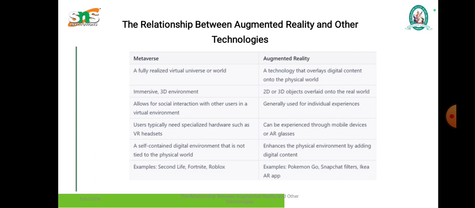And the fourth point, in the metaverse users typically need specialized hardware such as VR headsets. But in AR, users can experience it through mobile devices or AR glasses. And the fifth point, the metaverse is a self-contained digital environment that is not tied to the physical world. But AR enhances the physical environment by adding digital content.